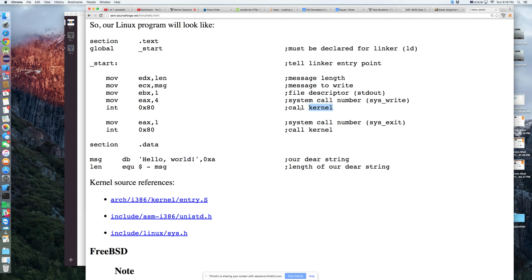The kernel is the actual operating system, and it's going to first look here and see, oh, you want to do a syswrite. Great. I expect that you've already filled in the other 3 hardware registers. So I'll go ahead and figure out where you want me to display this, what you want me to display, and how many characters it has in it. I'll go ahead and do that for you. Then we'll come back to the program.